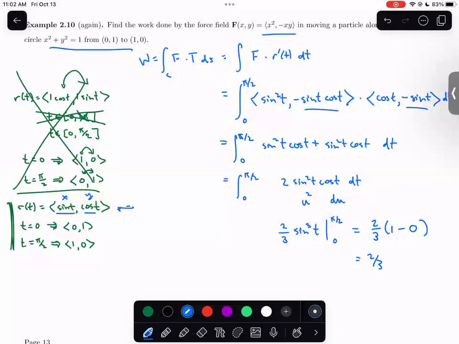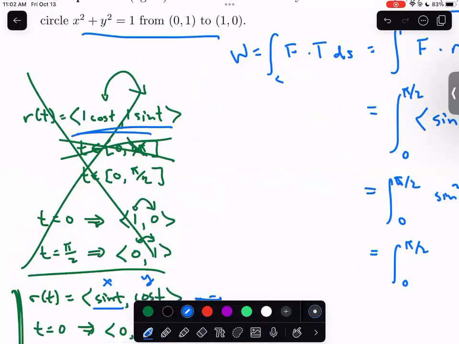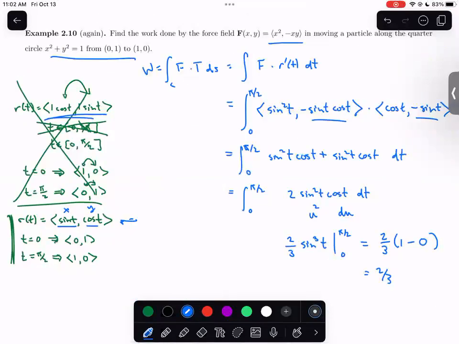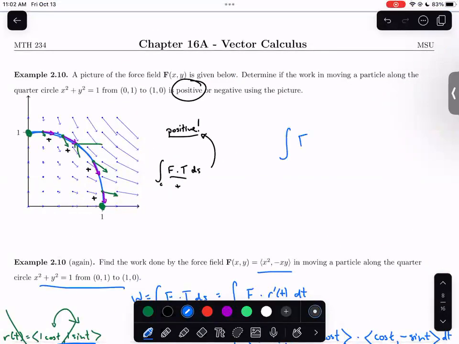So the question was essentially, well, at least how I'll interpret it first, and you can tell me if I'm wrong. If you didn't swap and you had cosine for x and sine for y, and you use this all the way through, would you get the same answer but just off by a negative? And the answer to that is yes. So it is true that we could write out the integral of F dot T ds over some curve with a given parameterization.